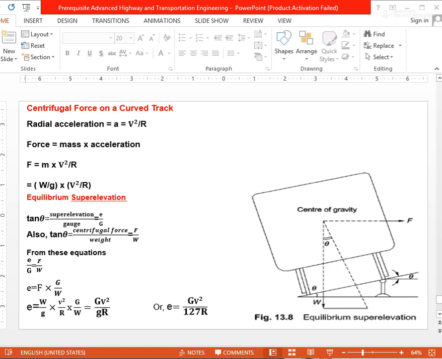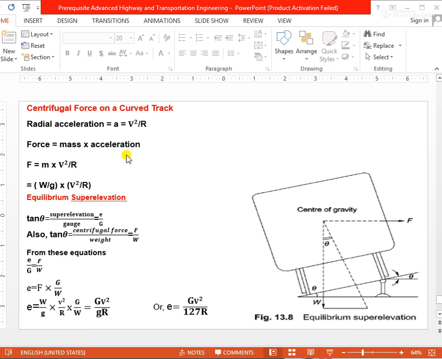As a result, the vehicle is subject to a constant radial acceleration, and this radial acceleration is v square by r, where v is the velocity in meters per second, r is the radius of curve in meters. This radial acceleration provides a centrifugal force which acts in radial direction away from the center.